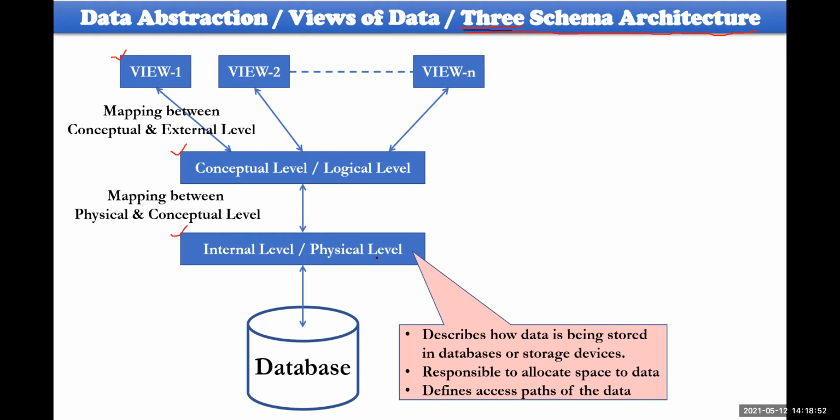None of the other people are supposed to access this physical schema. It is always trying to define how space will be allocated, and what accessing speeds and accessing paths will be allocated for one particular data item. Let me show you where SQL will be discussed by us.